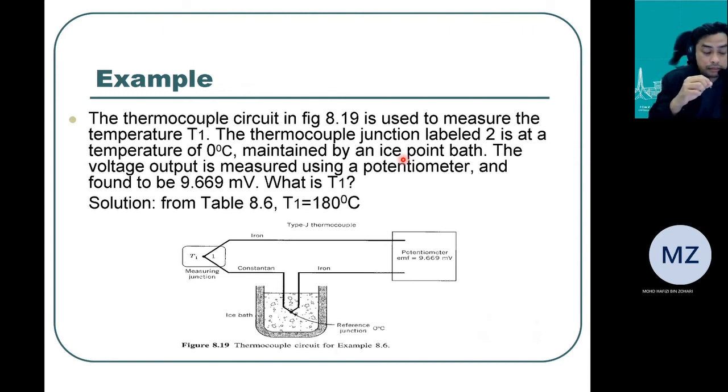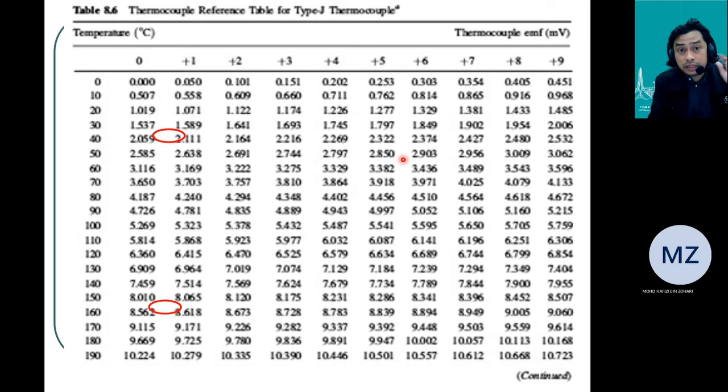and it is a J-type thermocouple. So what is the temperature reading for a potentiometer reading of 9.669 millivolt? If you look at the table for type J, you can go to the manufacturer and look up the type J thermocouple. How much is the EMF? It's 9.669. It's here, meaning it's 180. So this is 0 degrees, so 180.